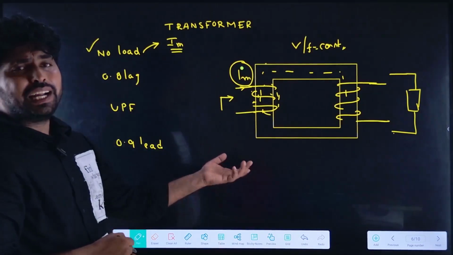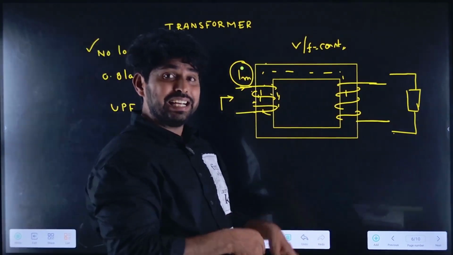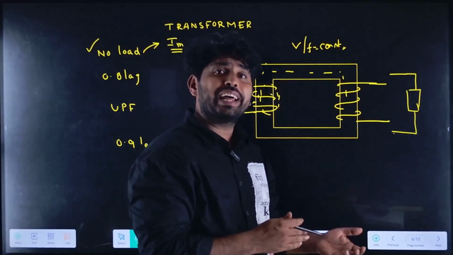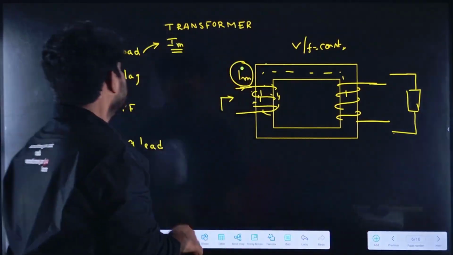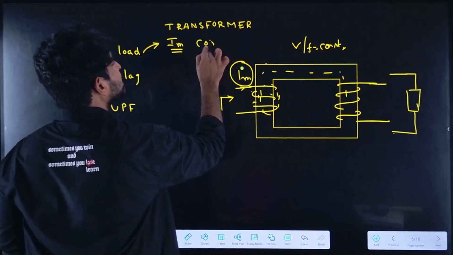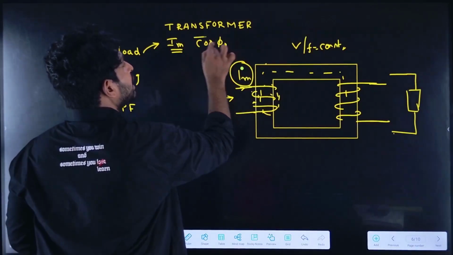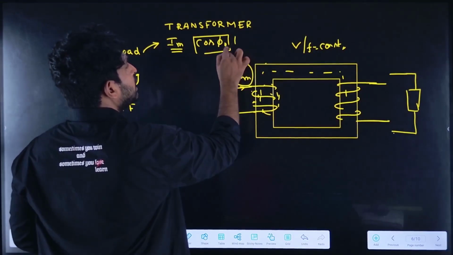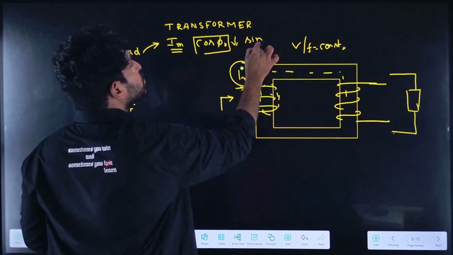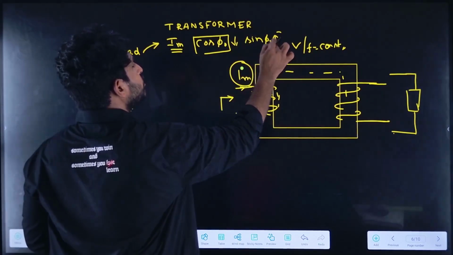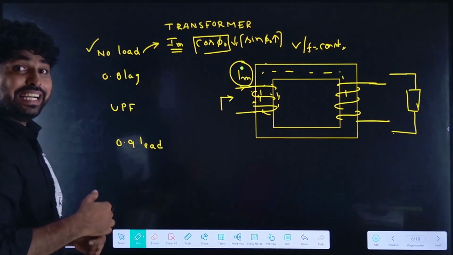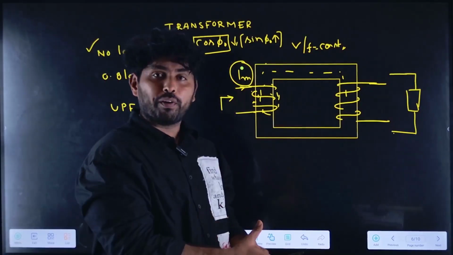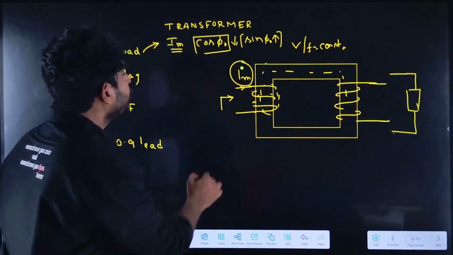Generally, the no load power factor is low. The no load power factor angle is between 70 and 85 degrees. So the no load power factor is low, so sin phi naught is more, which means it draws more reactive power from the source.